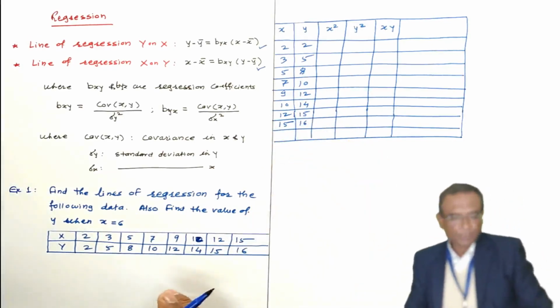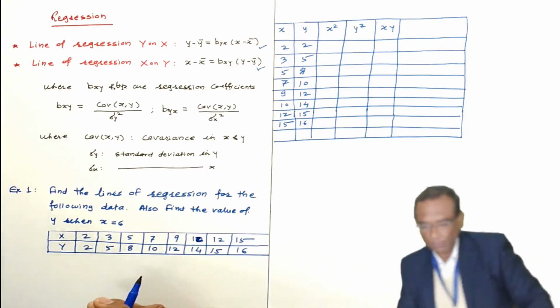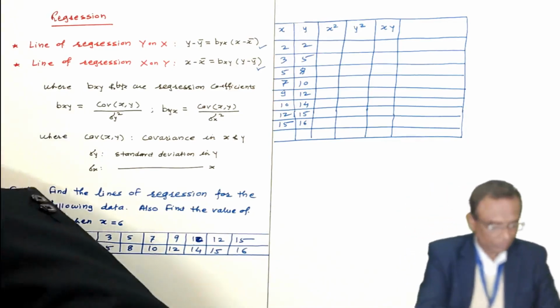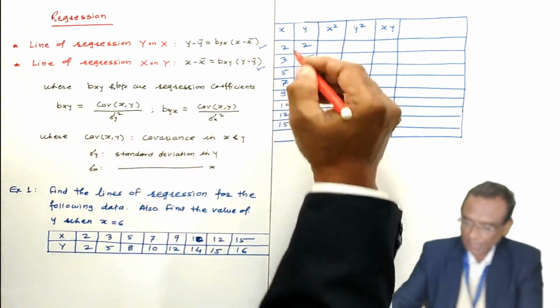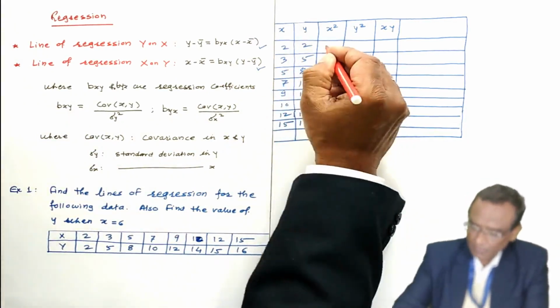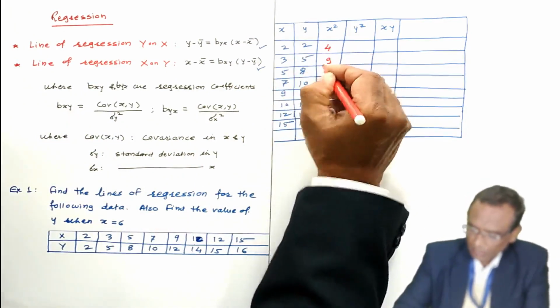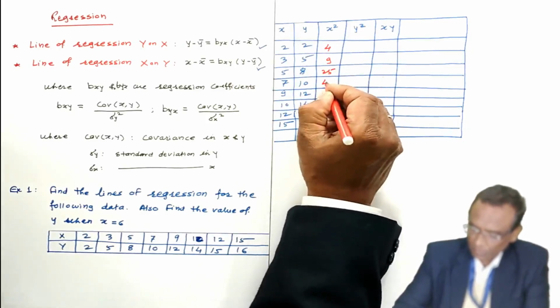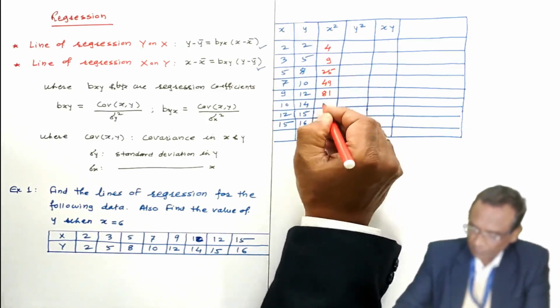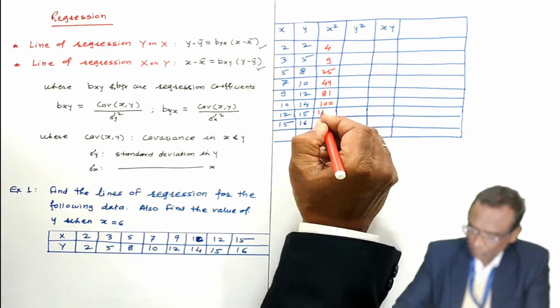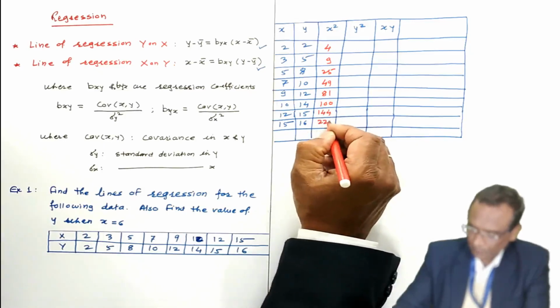Okay. Now x square. The values of x square I am writing. x square means square of this: 4, 9, 25, 49, 81, 100, 144 and 225.